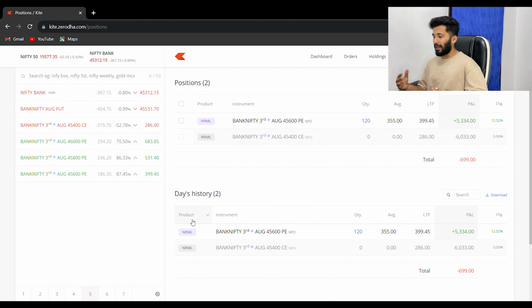So we have almost recovered the loss, and we are closely to 600 minus. Totally we are like 5,400 into profit, and it is just 120 quantities, not much.